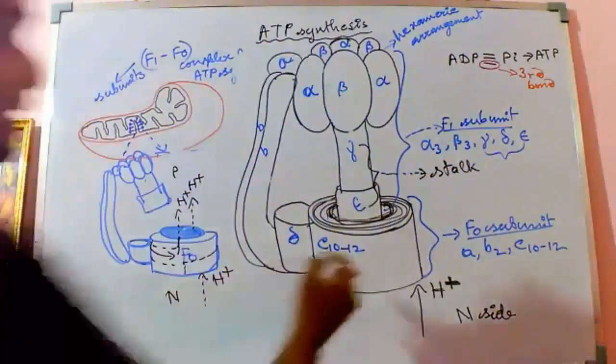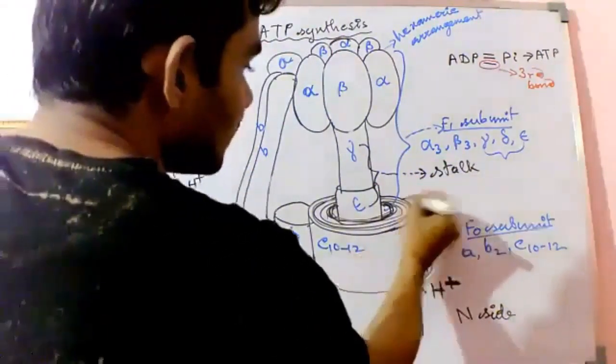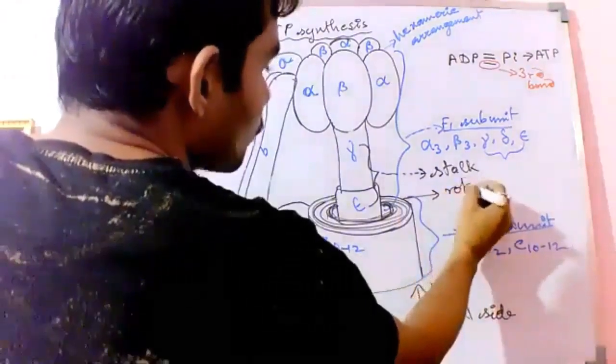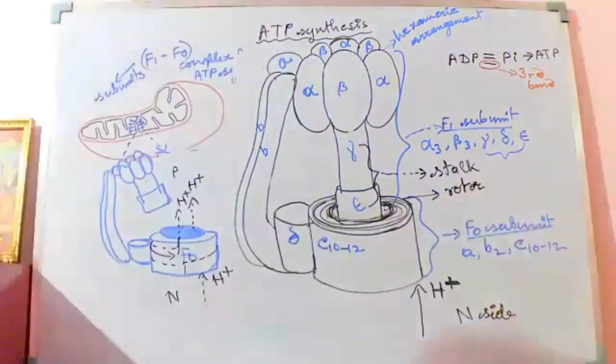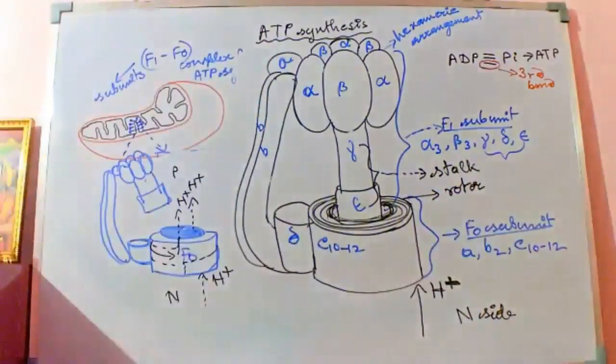And this C10 to 12 part is called the rotor, that rotates around the stalk. This is the same principle as the dynamo, the DC motor, the direct current motor, whatever it is, the same principle.